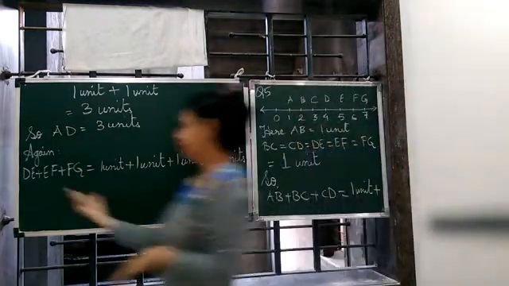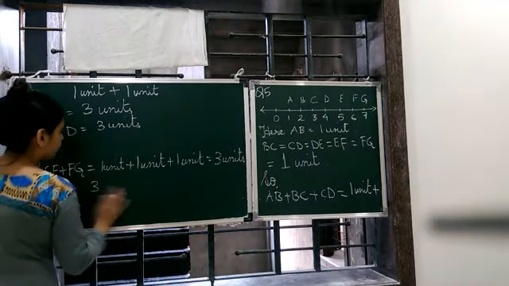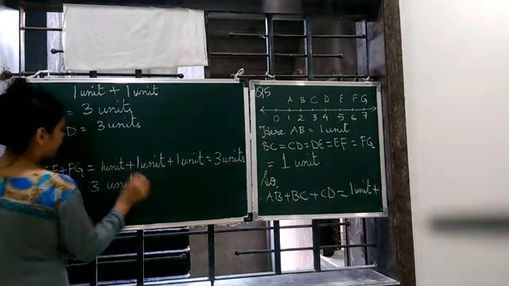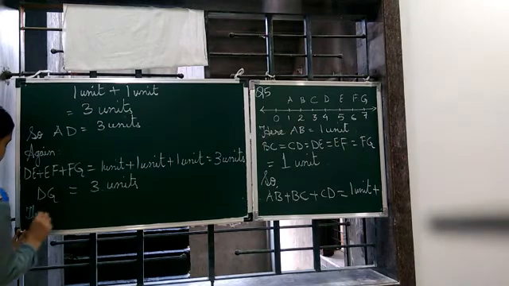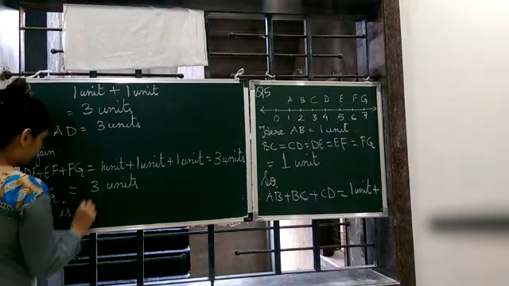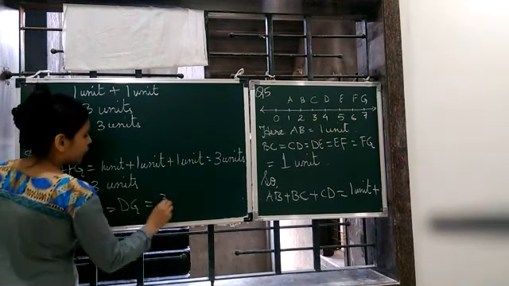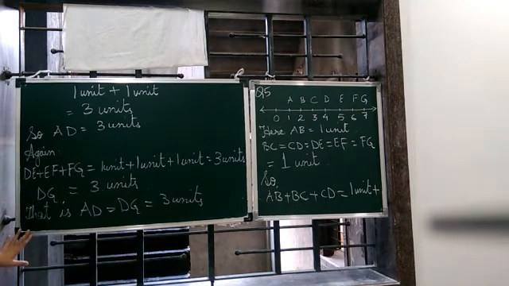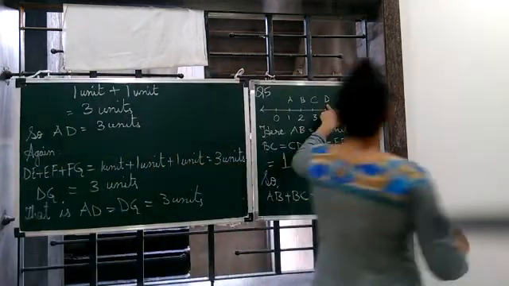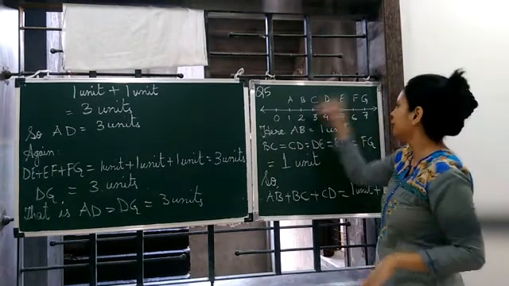If we add these three, we get DG is equal to 3 units. Now both AD and DG are 3 units. That is AD is equal to DG, which is equal to 3 units. That means AD is equal to DG. That means D is the midpoint of AG.